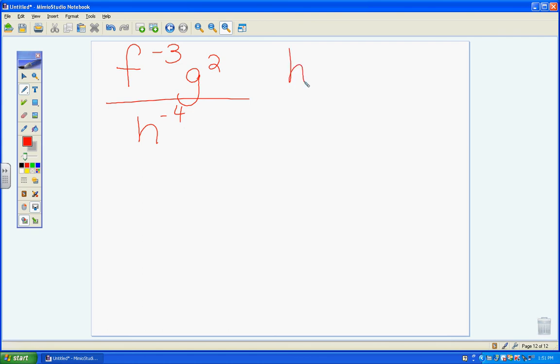I took this negative exponent, and because it was on top and negative, my eyes are drawn to that. I need to take care of it. It's got to go wherever the opposite is.